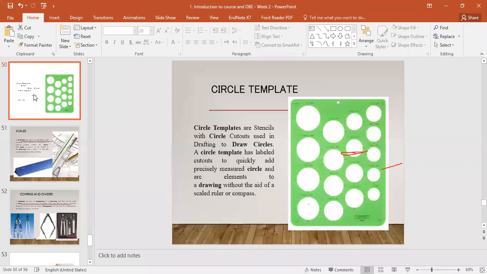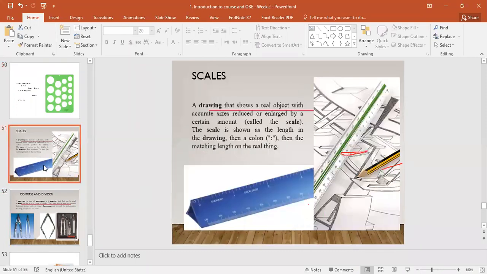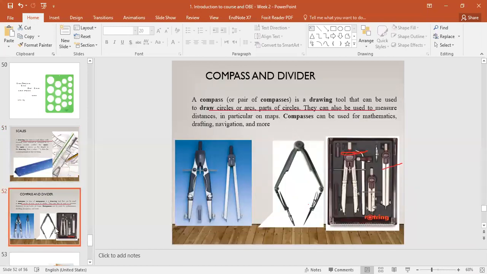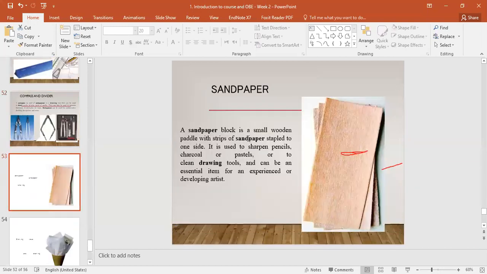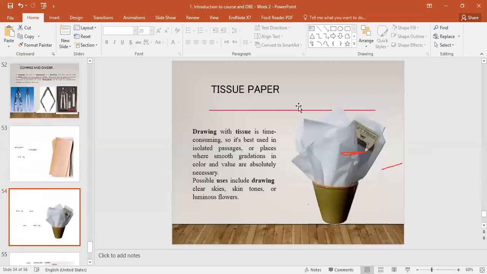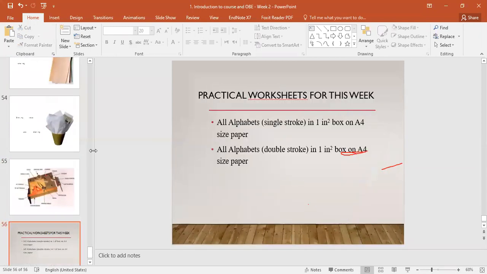You do not need to have these, as we can draw different sizes of circles with a compass. Scale: you have to bring the standard scale of 1 foot, and a compass and divider, sandpaper to sharpen the pencil, and tissue paper to clean your drawing sheet.